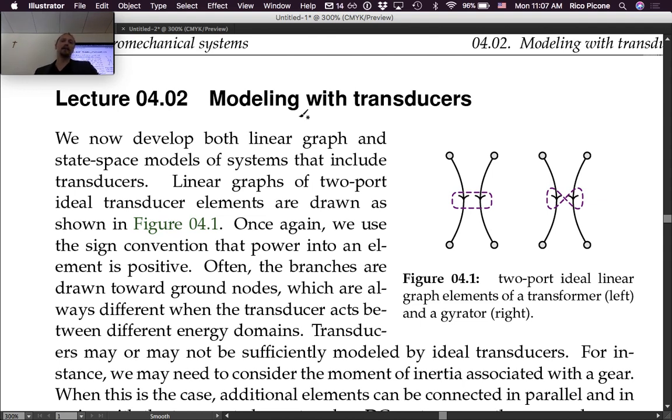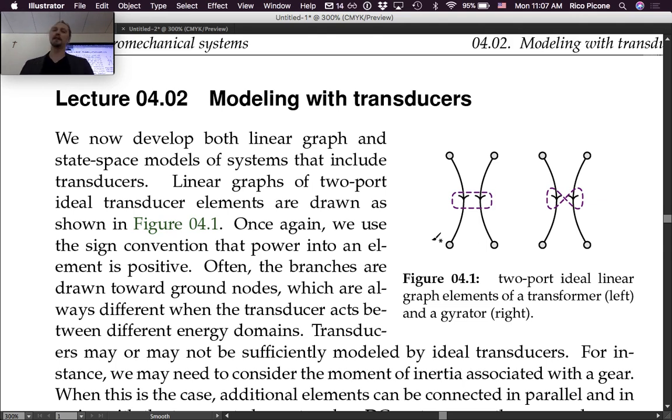Linear graphs of two-port ideal transducer elements are drawn as shown in this figure. The transformer is drawn like this. You have two branches coming near each other, and if we draw a dashed rectangle, it doesn't have to have nice rounded corners.